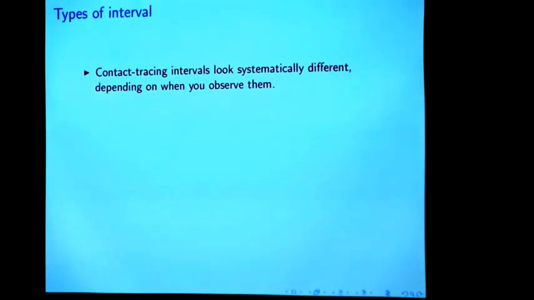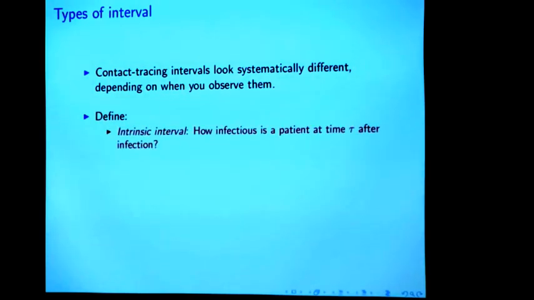And interestingly, if you measure it at the population level, this was noticed first through models, contact tracing intervals can look systematically different at different times. This is a known problem, but we've tried to put this on a slightly sounder intuitive basis. We define the intrinsic interval, right? That's my kernel.